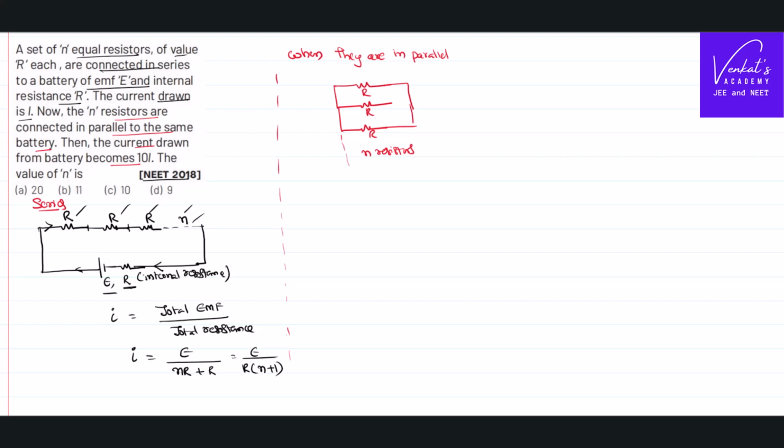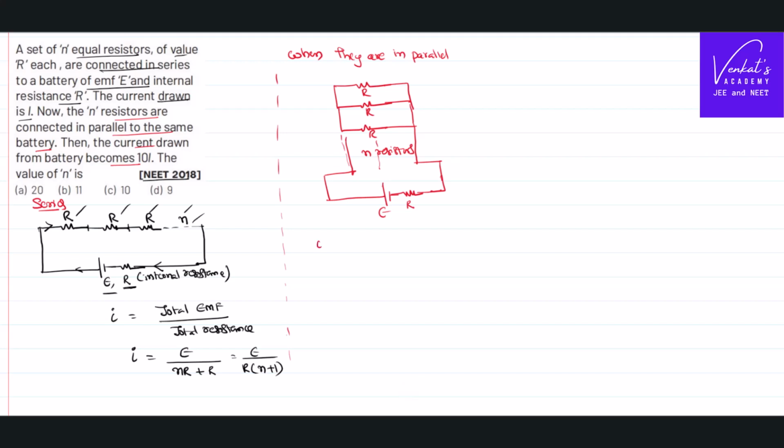They are all connected in parallel, and that is connected to the same battery. Of course, that has an internal resistance. Internal resistance, as I told, always behaves like a series resistance. This is the equivalent circuit.